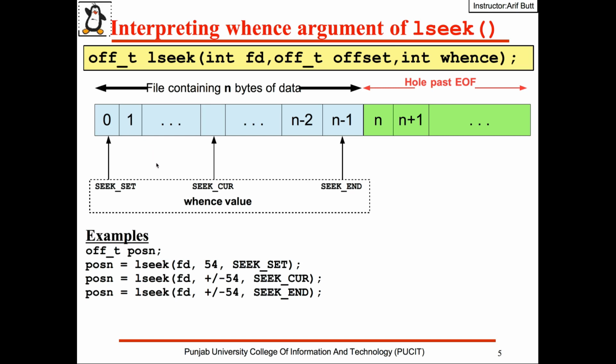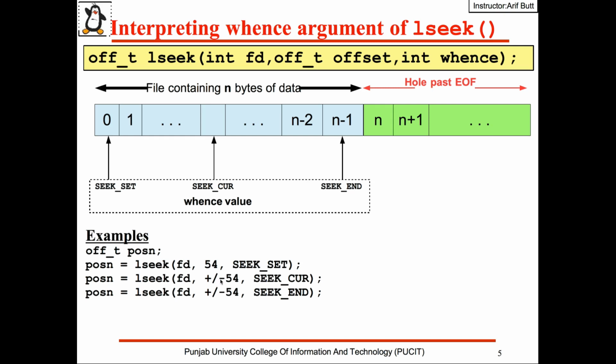Similarly, if you want to move the current file offset with reference to the present location, you use SEEK_CUR as the whence value. So this line moves the current file offset 54 bytes ahead or 54 bytes before its present location, depending on whether you have given a plus or a minus here.